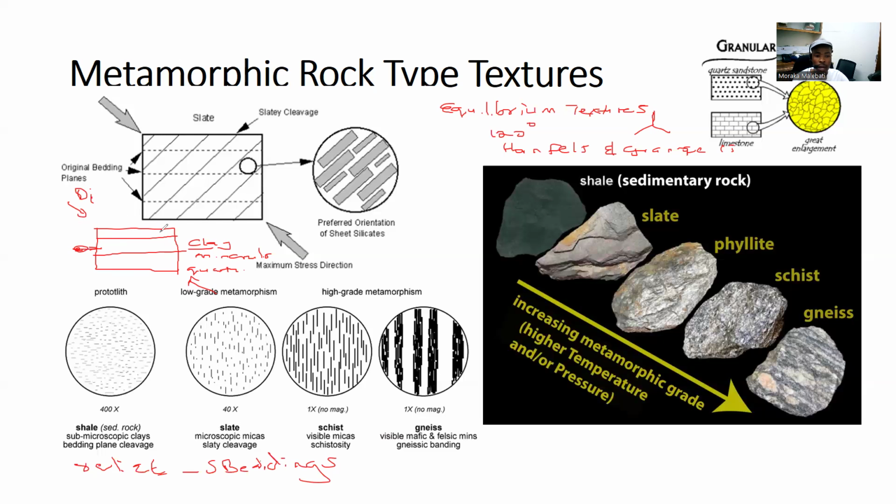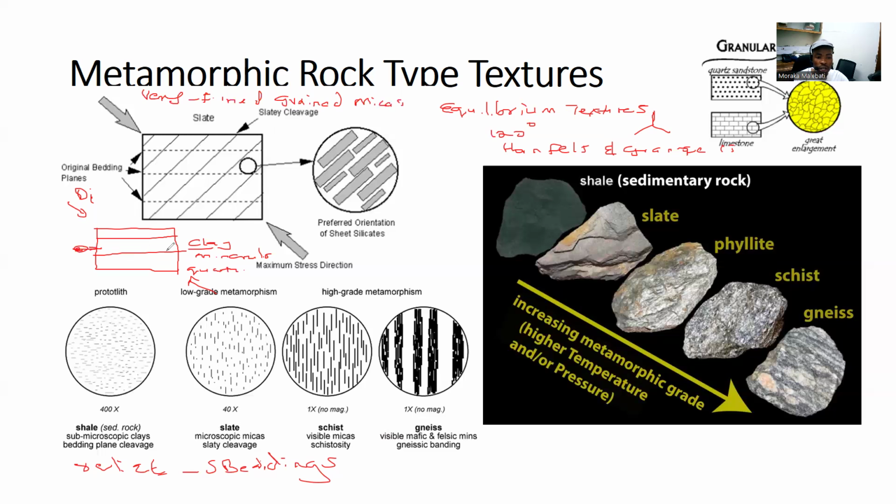Now what will happen is this would form very fine-grained micas.